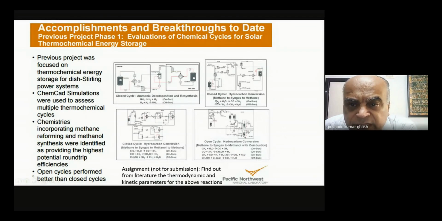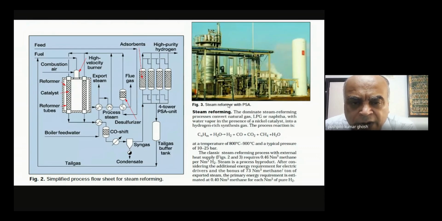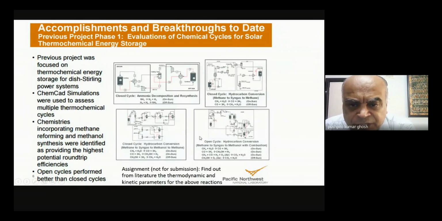So this scheme over here that we discussed is basically the scheme which is really being used to produce hydrogen in the world today, right? It is steam reforming. All the people who produce hydrogen, you go and ask them where your hydrogen is coming from, they will tell you steam reforming. So steam reforming is basically you take any hydrocarbon, in the simplest case, whatever we discussed, methane, natural gas. That's the previous reaction which I showed you.